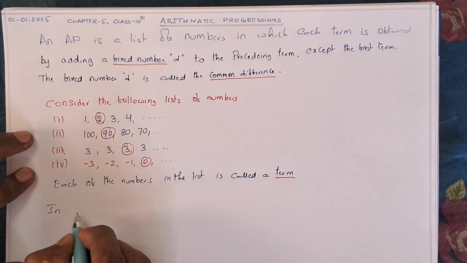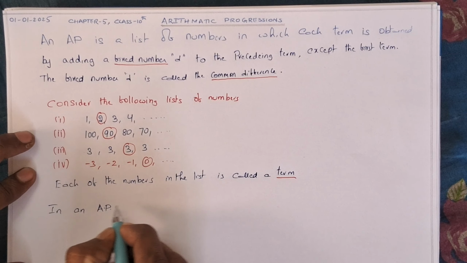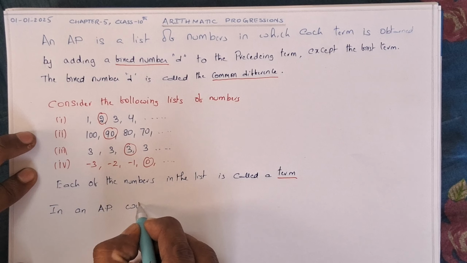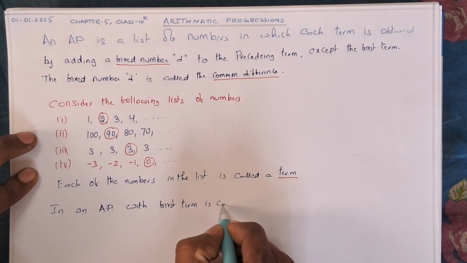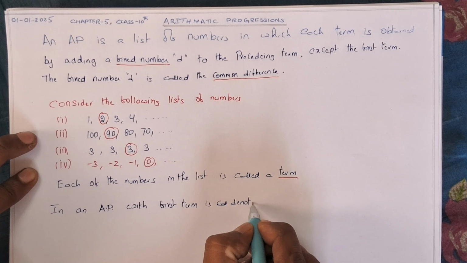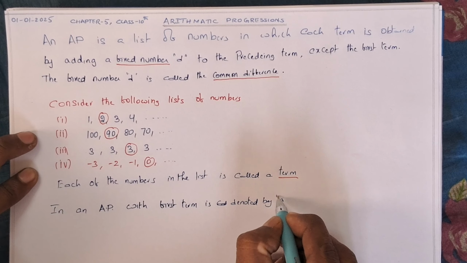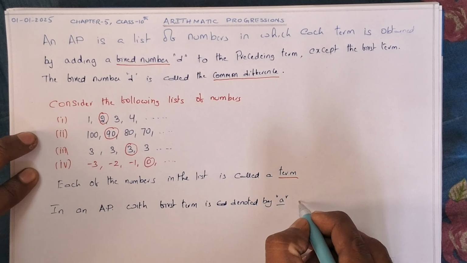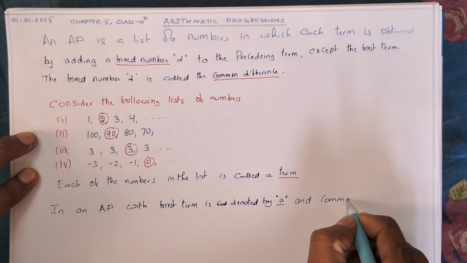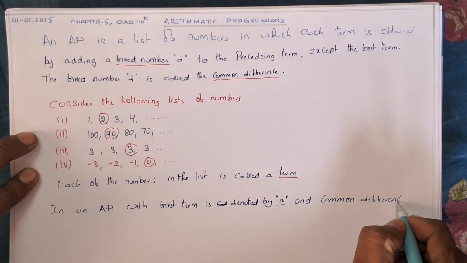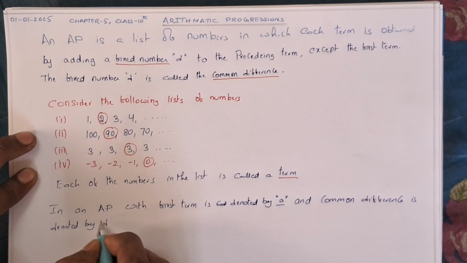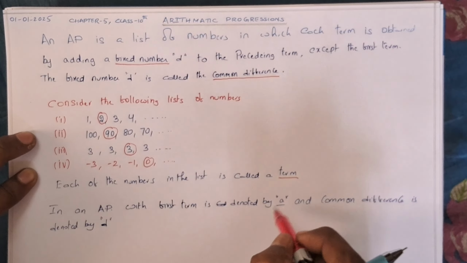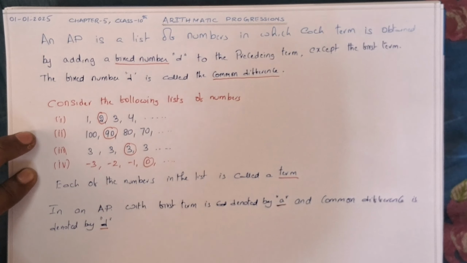In an AP, an arithmetic progression, the first term is denoted by a and the common difference is denoted by d.